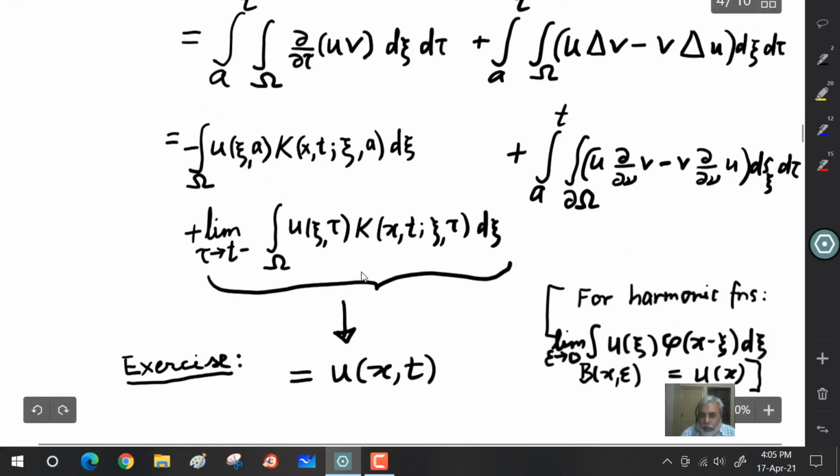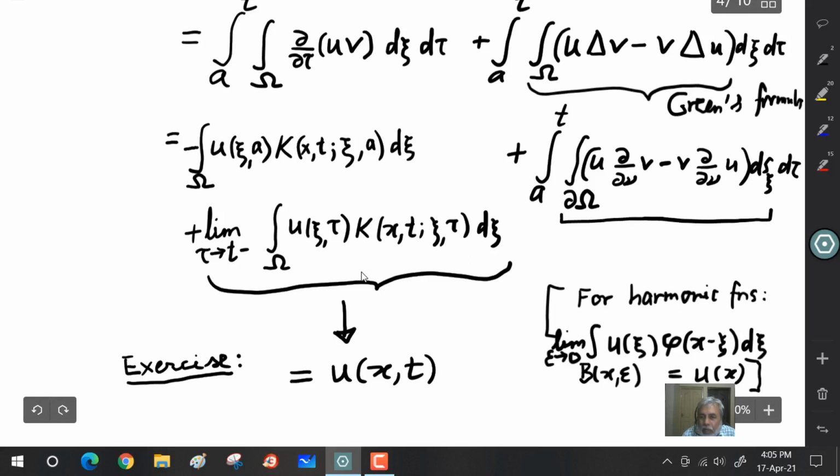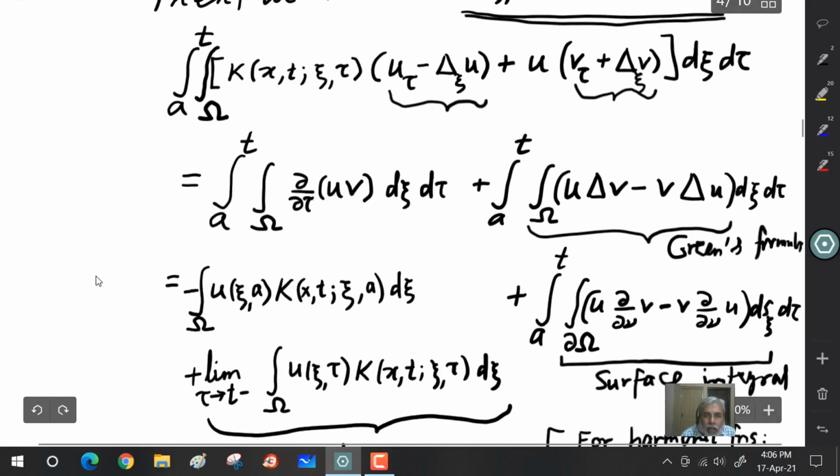And for this one, there is absolutely no difficulty. We just apply Green's formula and convert this volume integral into this surface integral. And what is the left hand side?